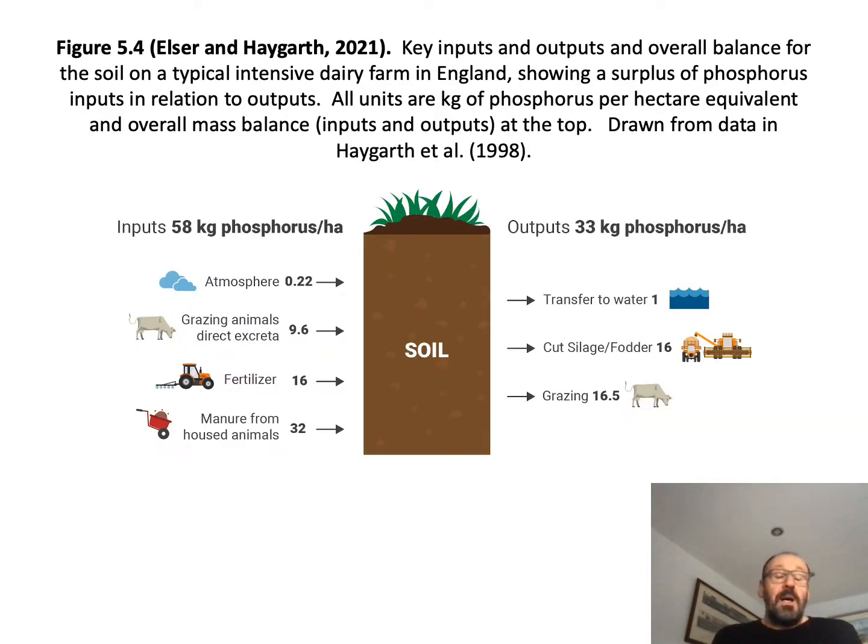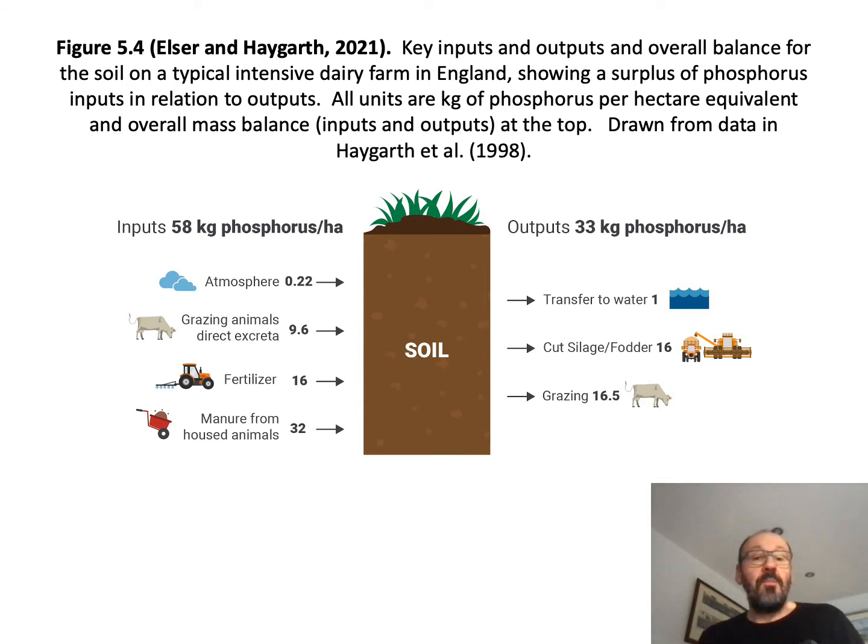Another schematic here shows you a typical phosphorus balance for a developed agricultural production system, a typical dairy farm in the southwest of England, but really an exemplar of many parts of productive agriculture around the world.